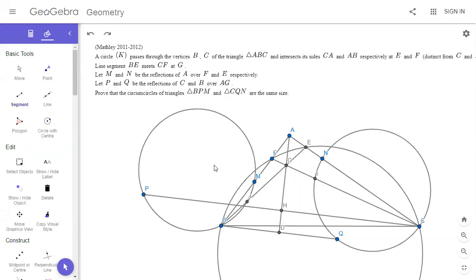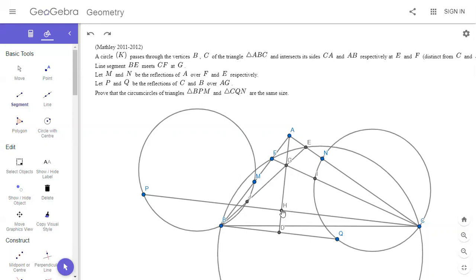Oh, so once we know that AG is the radical axis, basically we know that H and D lie on that radical axis, where H is like the midpoint.